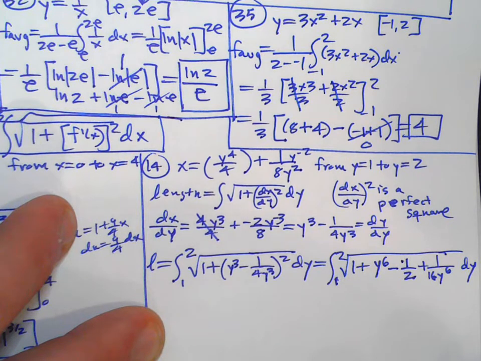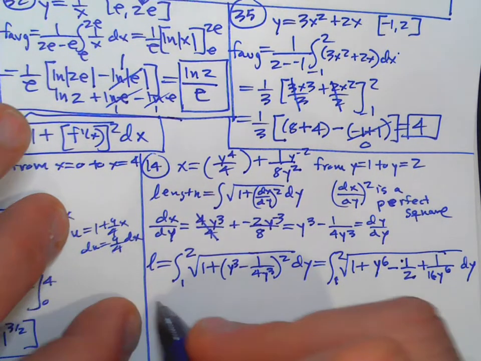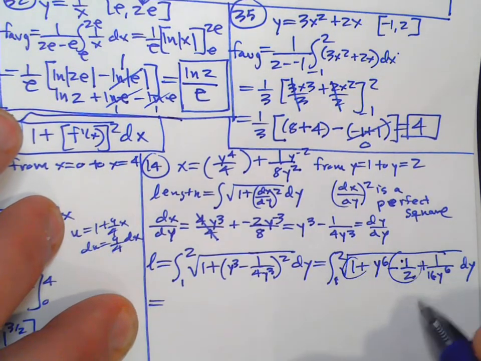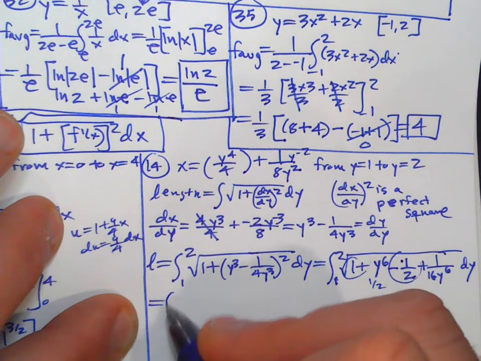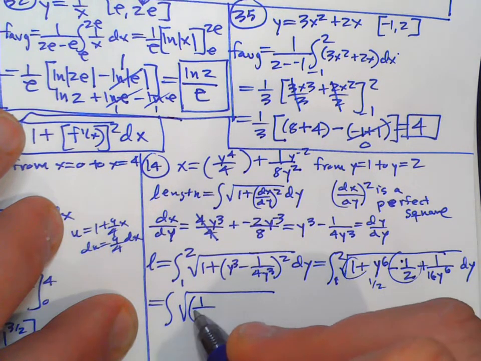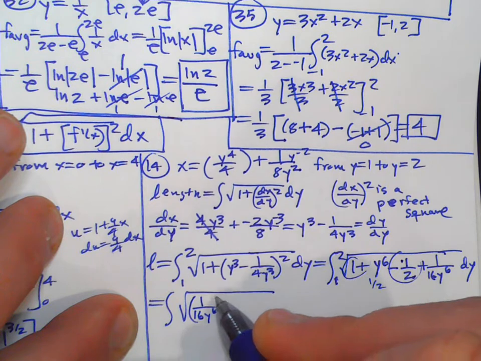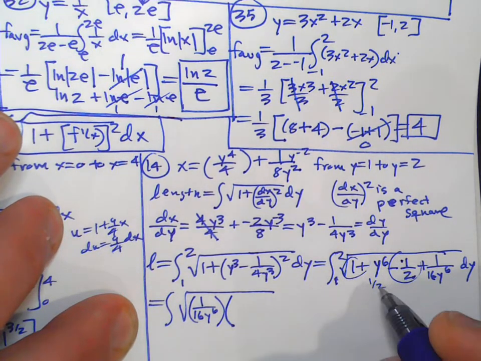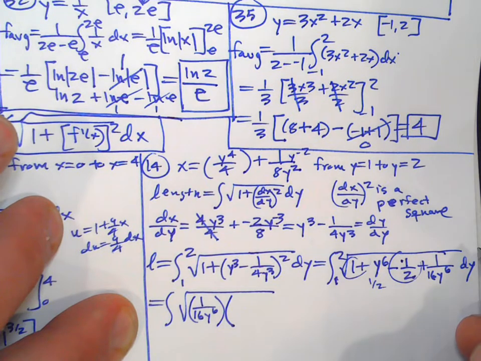Now, maybe what we could do is fix this. That's going to be a 1/2, right? Maybe we could factor out a 16y to the 6th in the square root, or essentially give them a least common denominator with that. So then that would give you, if you divide it out, the same thing as multiplying by it.